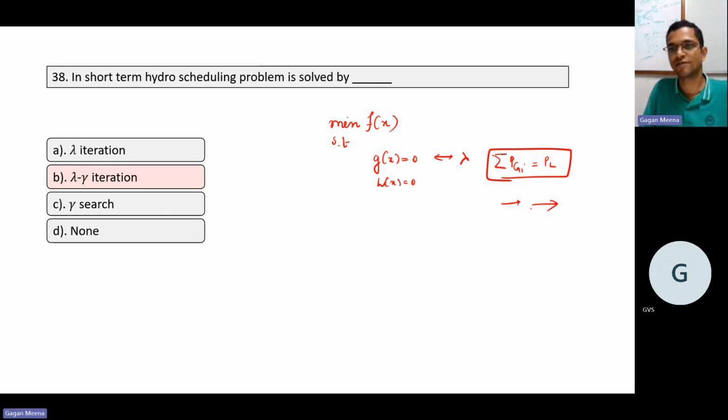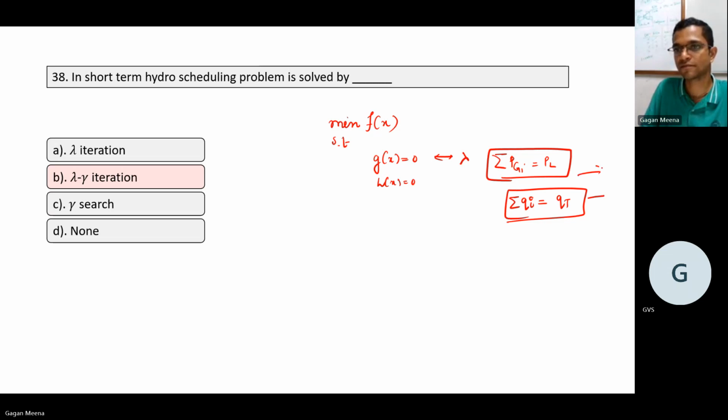Inflow is equal to outflow. Or if we are not taking inflow, then total discharge should be equal to capacity. These are the two equations that we have. For each of them, we have one dual variable.